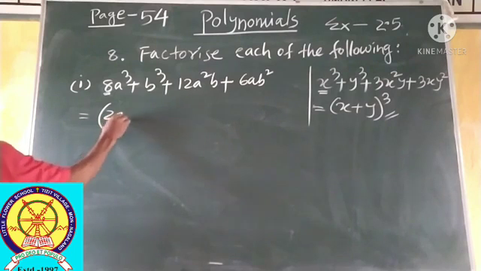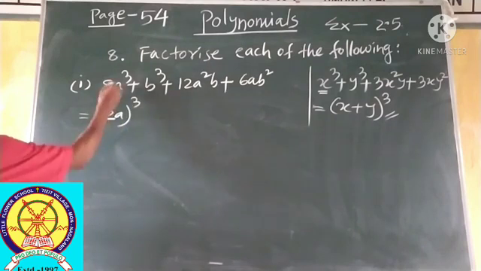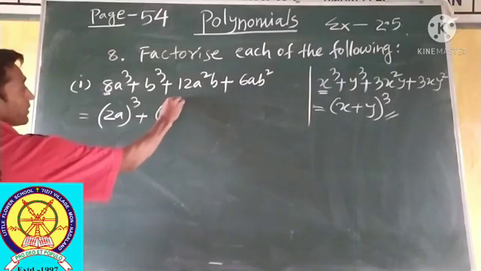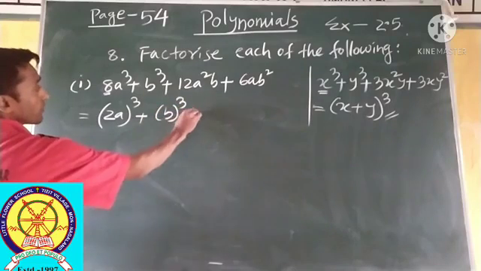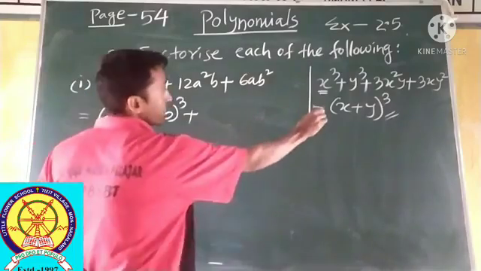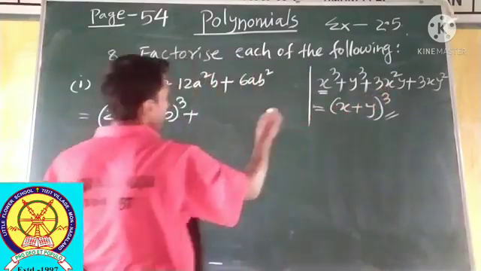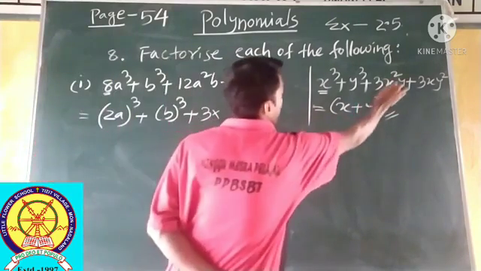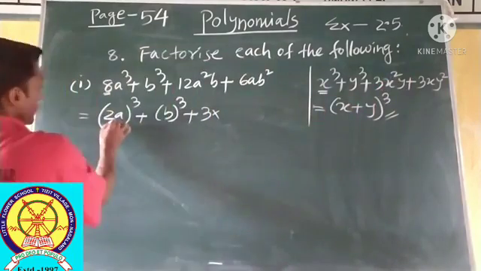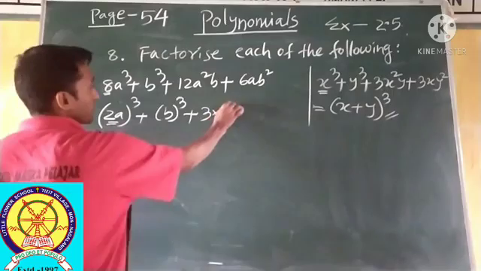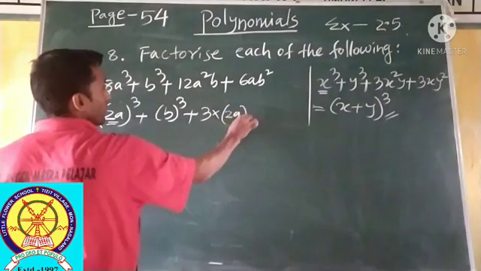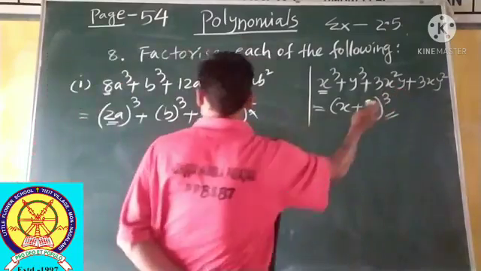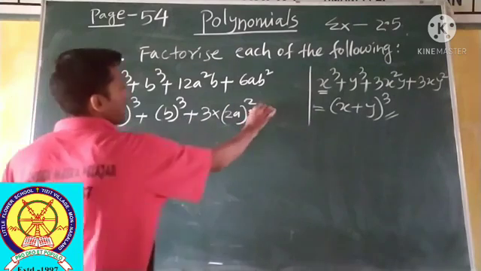So 2a whole cube is 8a cube, plus b cube is b cube, plus, as per identity, we have 3 into x squared. Here the value of x is 2a. So 2a whole square into y. The y value is b.